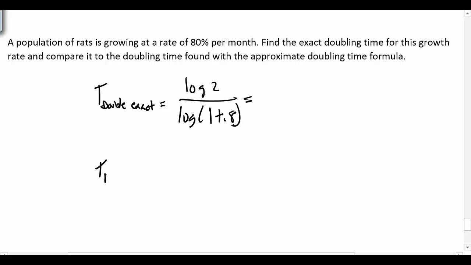Now the approximate would be 70 divided by 80. You can see that there's a benefit when we can approximate versus use the exact, because it looks a little easier.